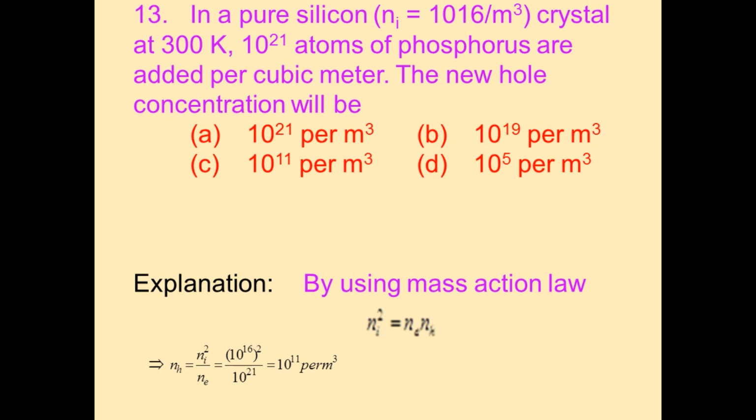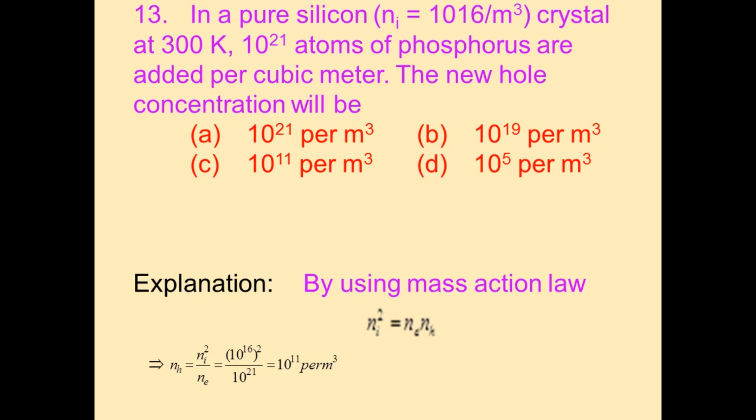In a pure silicon crystal at 300 K, 10 power 21 atoms of phosphorus are added per cubic meter. New hole concentration is? Here Ni is given as 10 power 16 per meter cube, and phosphorus atoms 10 power 21 atoms per cubic meter.